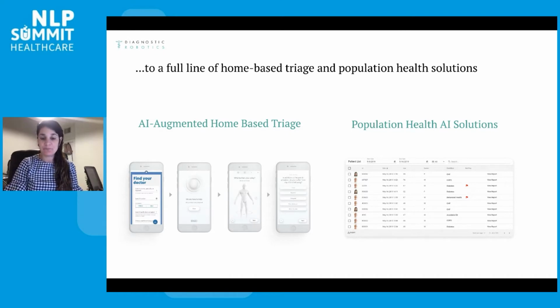The other type of problem that we want to solve is to predict population at risk, meaning this is a proactive product. We want to recommend on patients that are at risk or potentially at risk, like CHF patients, like obesity deterioration or behavioral health deterioration.